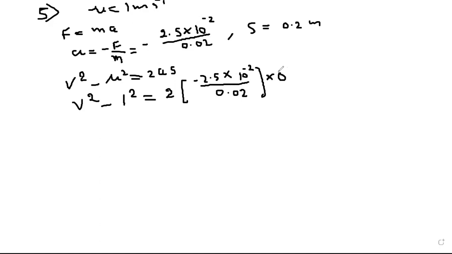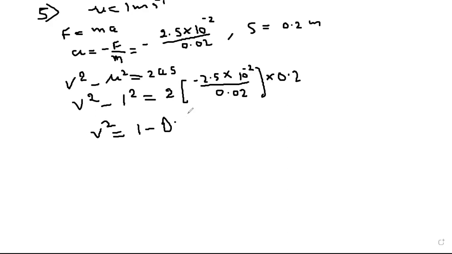It penetrates, so we write here 0.2. After that, if you solve v square, so you know 1 square is equal to 1, so that is equal to 1 minus. So if you solve this equation, 2 remains cancel out. So here minus 2, 1, 0 remain cancel out. So I think this is 0.5.